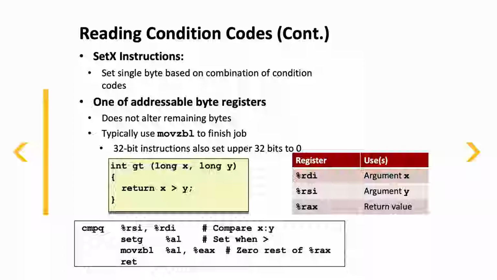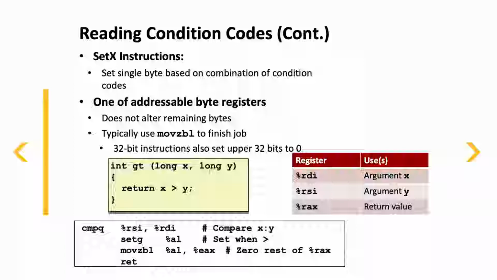But if I do a move and I move something into EAX, I'm going to move from my source into that lower order 32 bits of the AX register. But because I've done a 32-bit instruction, it's actually going to, by default, just zero out the upper 32 bits.